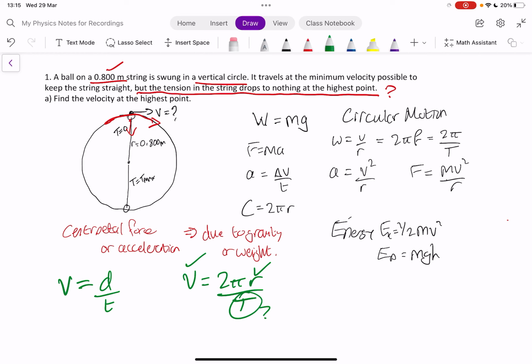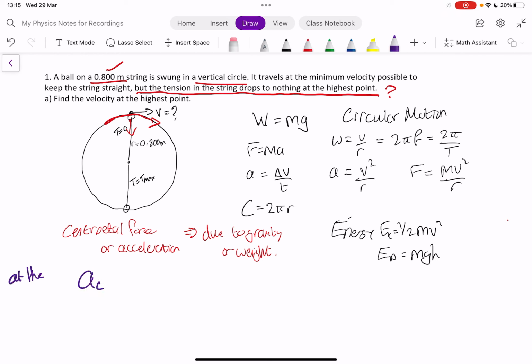Okay, method 3, let's apply a little bit of the physics principles and think about it. We had that thought that the centripetal force at the top is equal to the weight, or the centripetal acceleration is going to be equal to gravity. So centripetal acceleration, at the top of the circle, is going to be equal to g, 9.81.